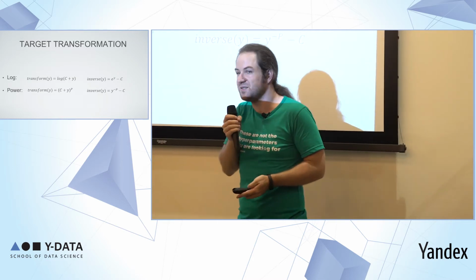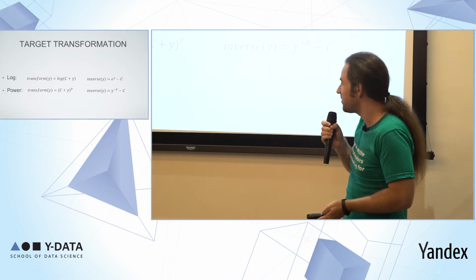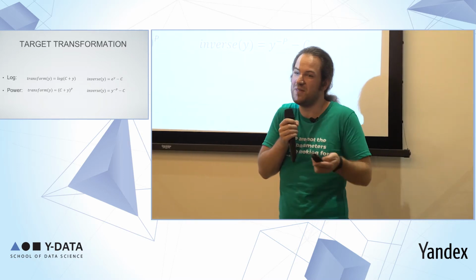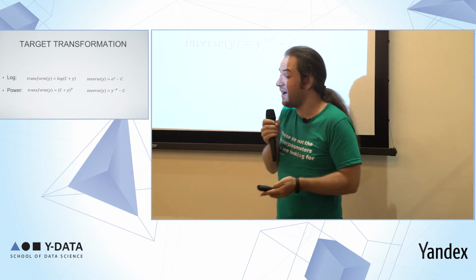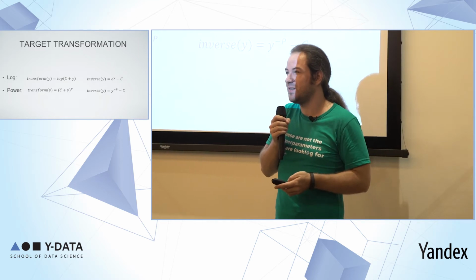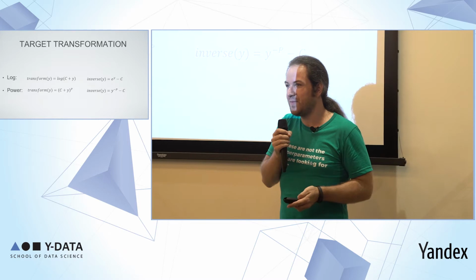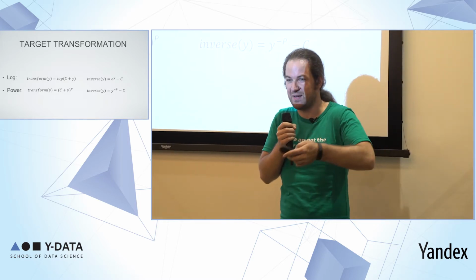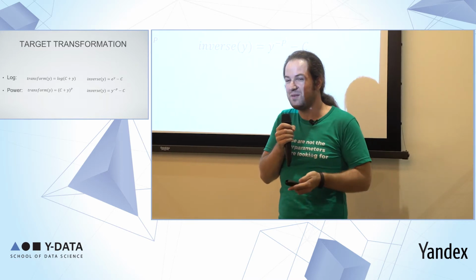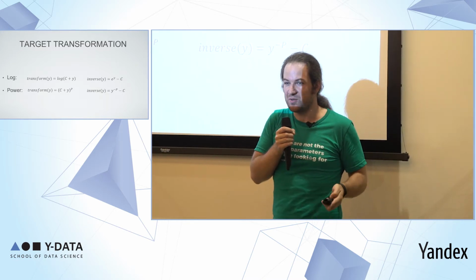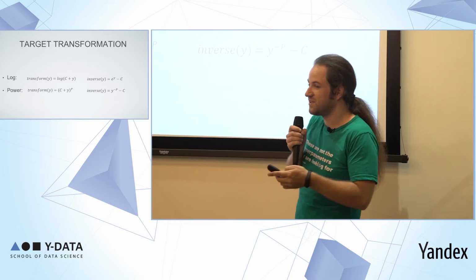But it might be that there are some transformations for classification problems that could be beneficial. For example, I know that in some cases we replace zeros with some small values and ones with 1 minus epsilon values in order to get a better result overall.